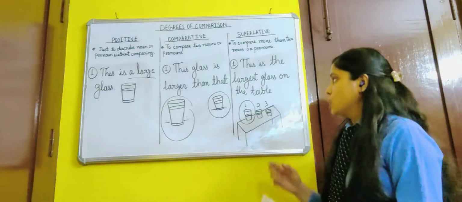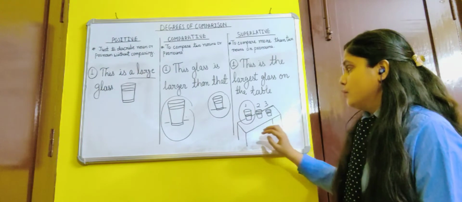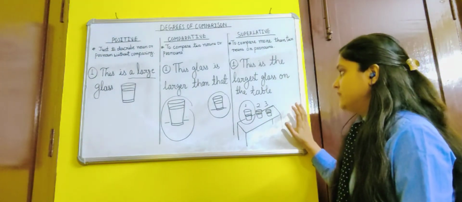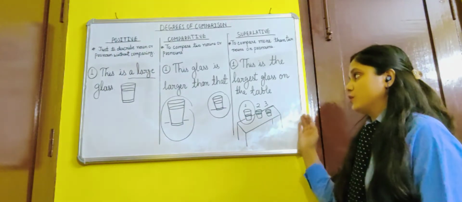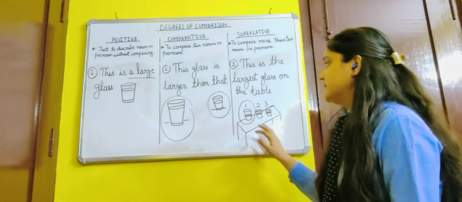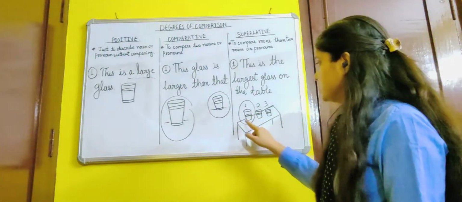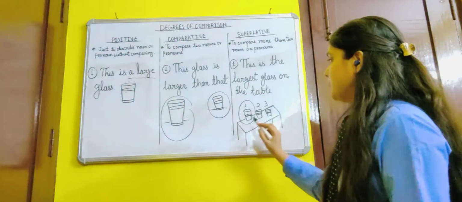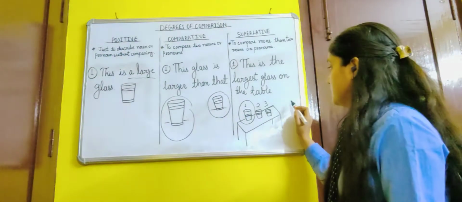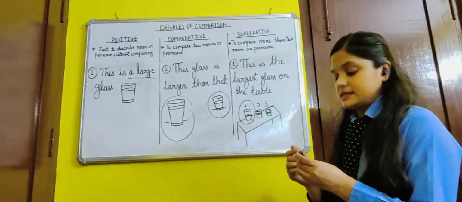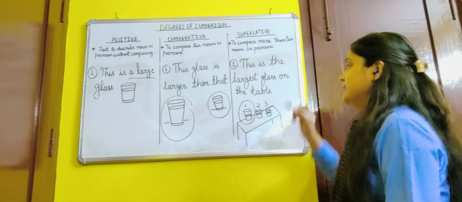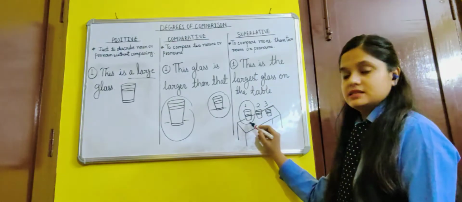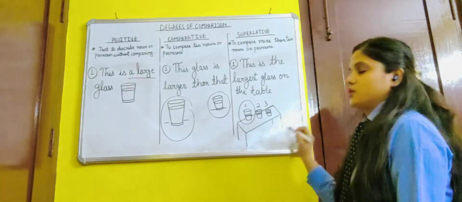So there were more than two objects and we compared them on the basis of size, and what was the result? That glass number 1 is the largest among all these three glasses. So what we will write is that this glass is the largest glass on the table.